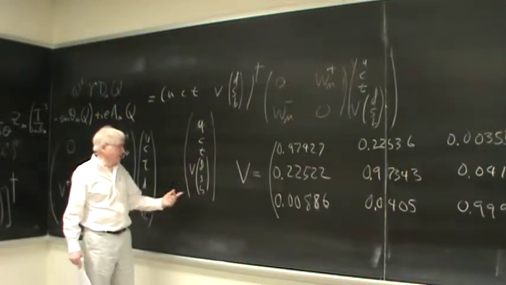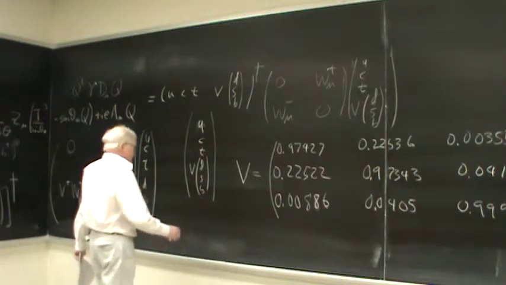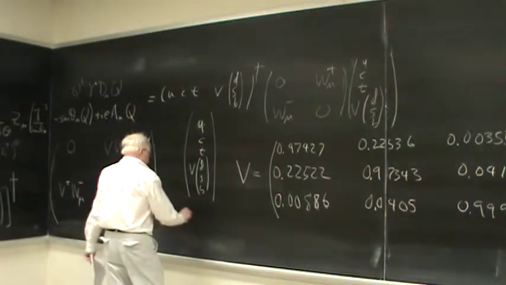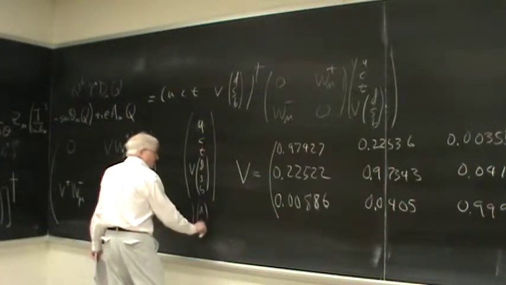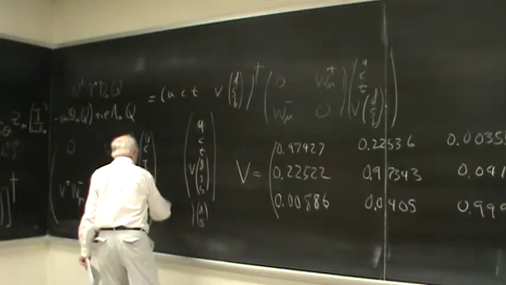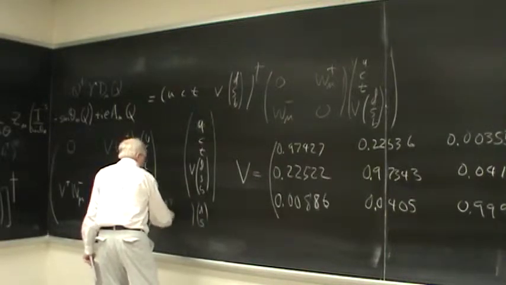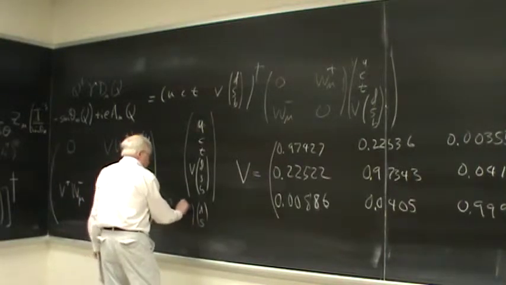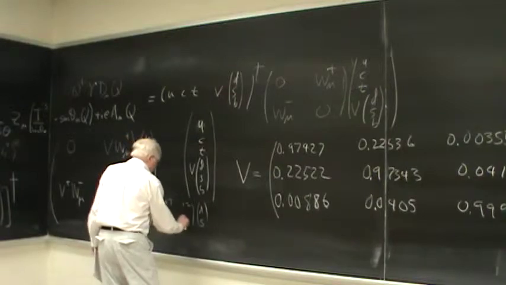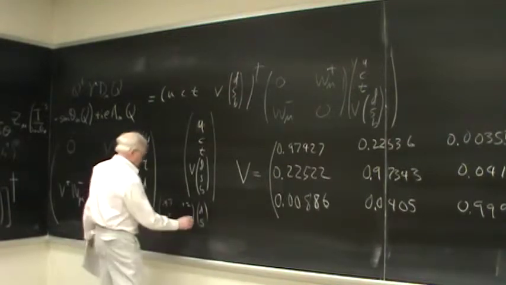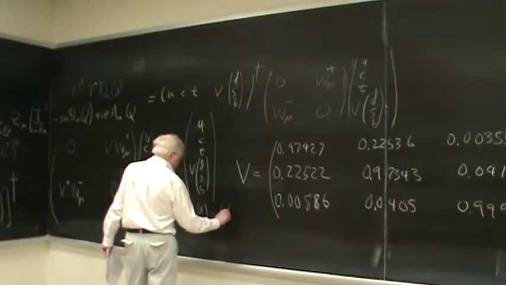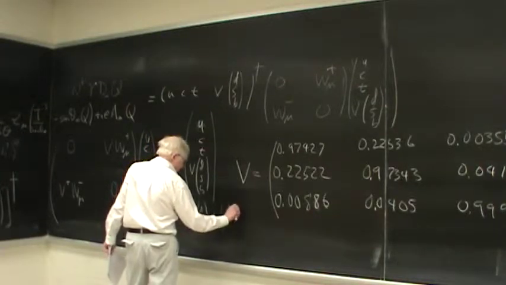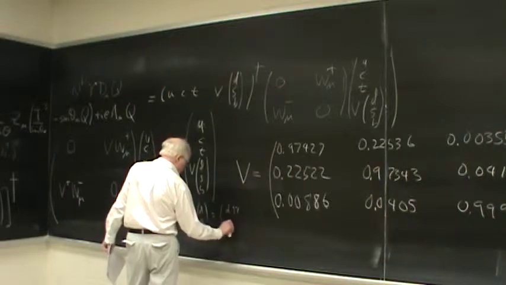And in particular, what was the combination? Basically the matrix with 0.97, 0.22, 0.22, 0.97. So it was 0.97d, and then this one was 0.22s.